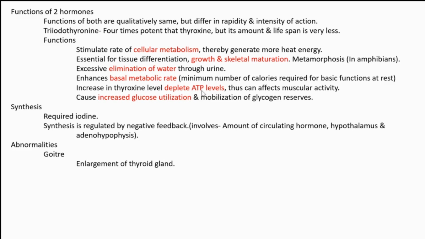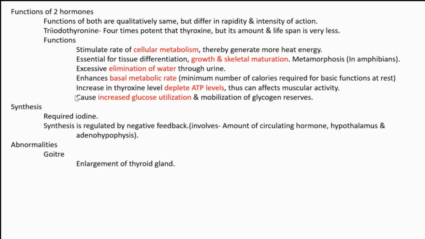I think muscle physiology is already taught to you by Elizabeth teacher, and in that chapter on muscle contraction physiology you will be taught in detail about the role of ATP. Okay, leave it. Increase in thyroxine level causes depletion in ATP level, and that reduction affects the muscular activity.